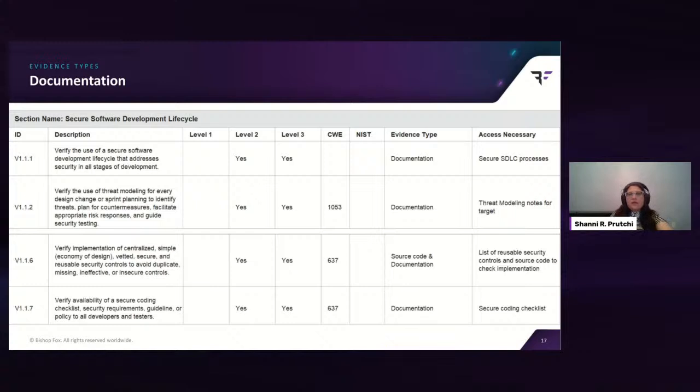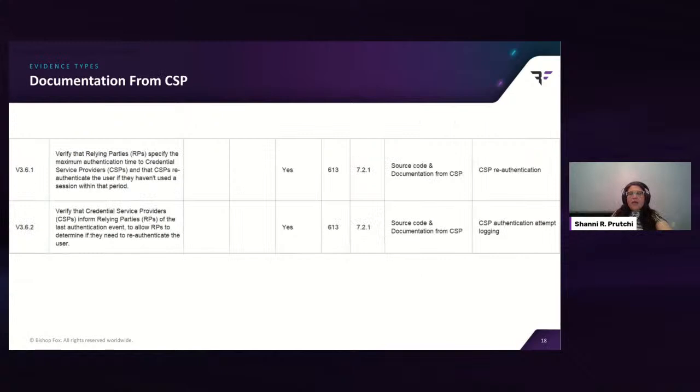But there are cases where documentation alone is not sufficient. So you can see in requirement 1.1.6, which covers the use of reusable security controls, it needs more than just documentation, but it actually needs to confirm that the controls are actually implemented, and you would do that with source code. There's also a requirement for documentation not within the organization, but documentation that's generated by the organization's credential service provider, as they would be the ones who determine certain policies.